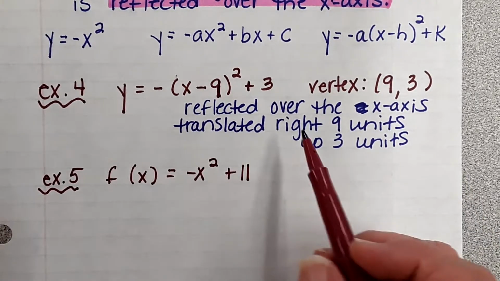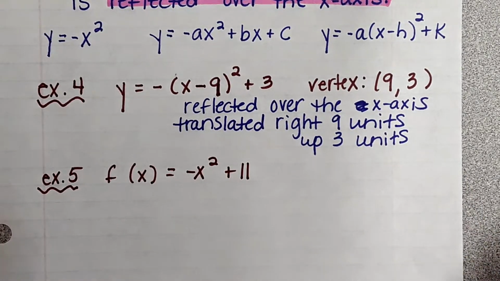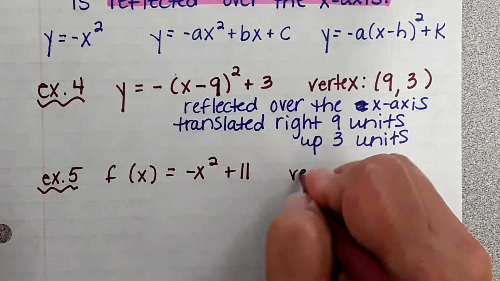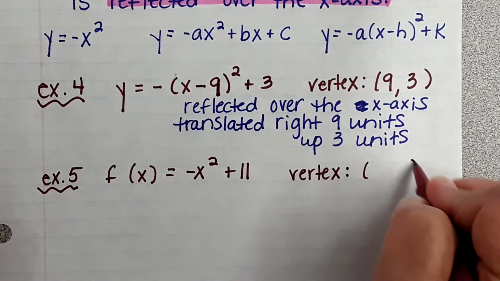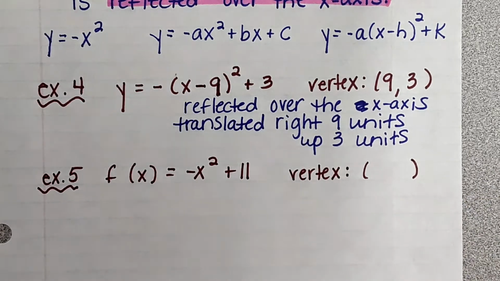Okay. So here's our problem. You know I'm going to ask you to find the vertex. So before you had to plug something in, like you had to plug the axis of symmetry in to find the vertex. This time, once it's in vertex form, the vertex is given to you.